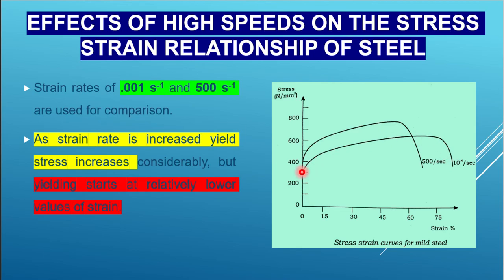As strain rate is increased, yield stress increases considerably. Here you can see, as strain rate is increased, yield stress increases considerably, and this one is the curve for 500. So at this particular point, the yield stress increases for 500 second raised to minus 1.